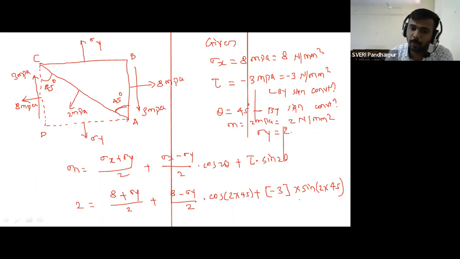So keep all the values properly, and one by one you can go for the next step.